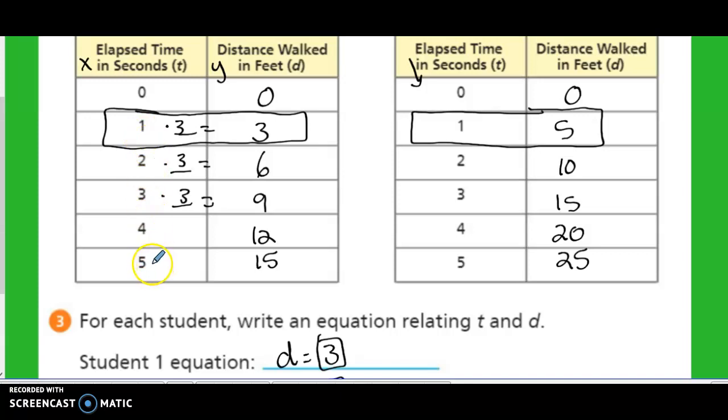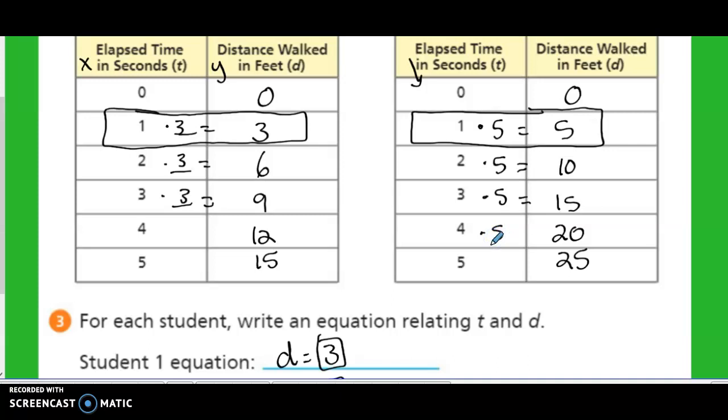Even if it didn't go by ones, as long as it follows that pattern, that the left column value multiplied by the same factor gives you the answer in the right side column. In this case, that multiplier is 5. Okay, the number of seconds multiplied by 5 tells me the distance the student walked.